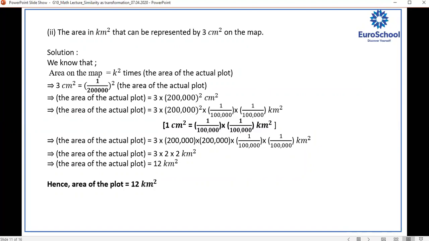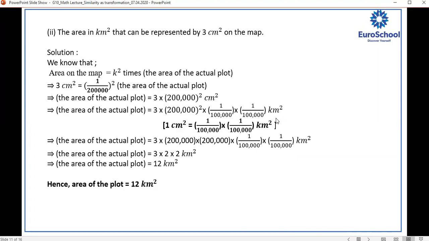Because it's a very huge value, we are converting it to kilometers. 1 centimeter square is equal to 1 upon 1 lakh into 1 upon 1 lakh kilometer square. We did this conversion. Do you remember that? So 1 centimeter square, I have just written as 1 upon 1 lakh into 1 upon 1 lakh kilometer square. Anyone has doubt in this step?